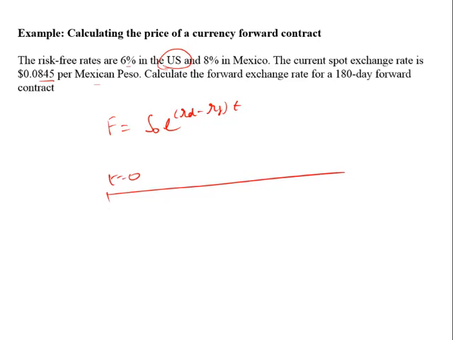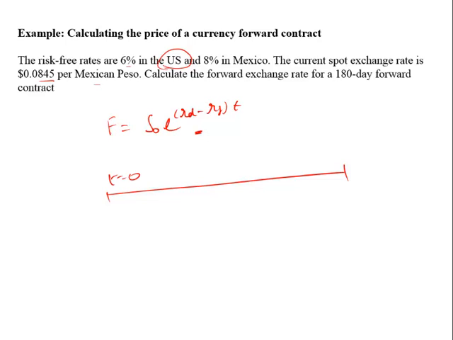So at t equal to 0, we want to enter into a forward contract to long or short the currency. Please note, whether you long or you short, the rate won't change. The forward rate will be this. If your view is positive, if you think it's underpriced, then you long. If your view is negative, then you short.